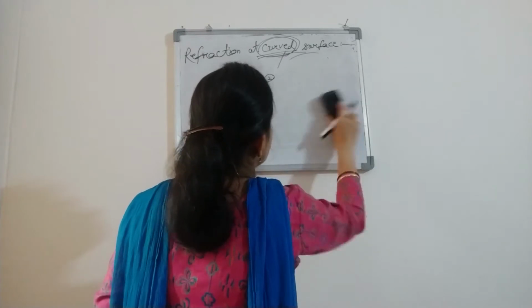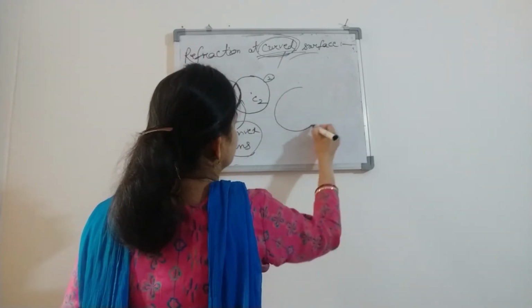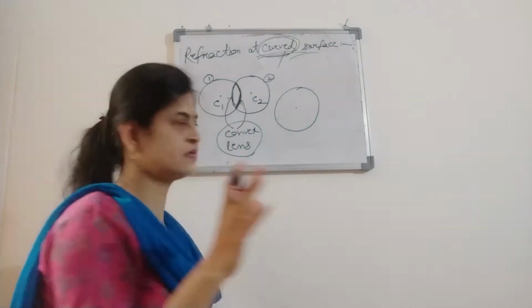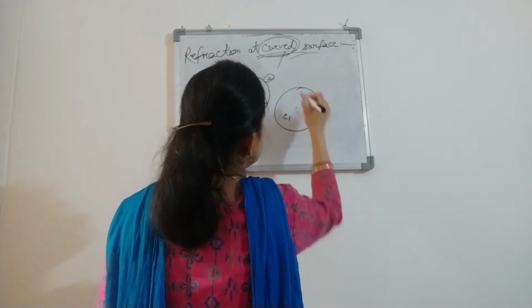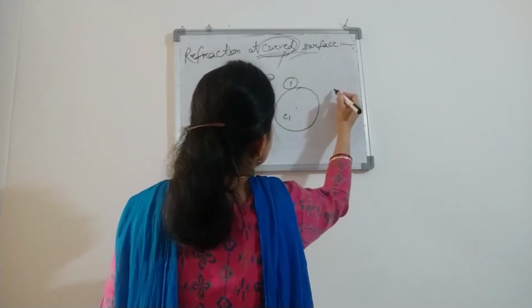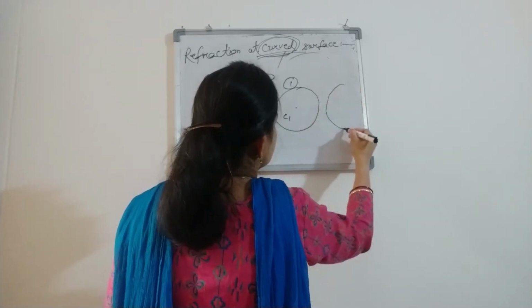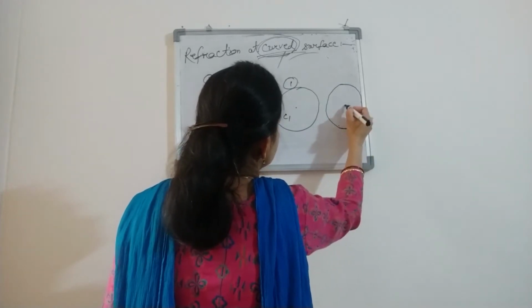Now what about your concave lens? It also has two refracting surfaces. So this is C1, the center of curvature of the first surface, and this is C2.